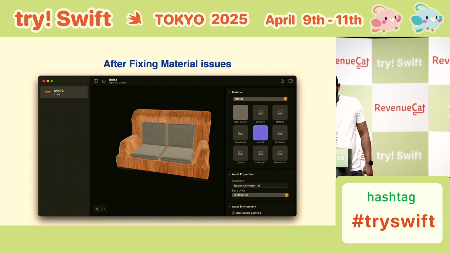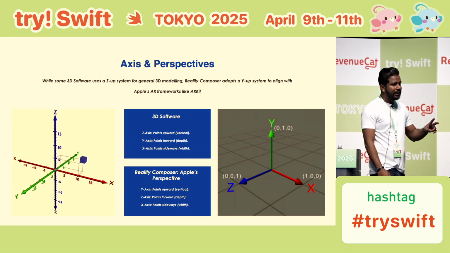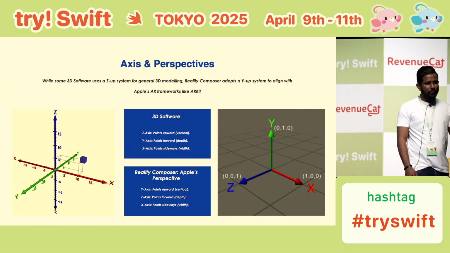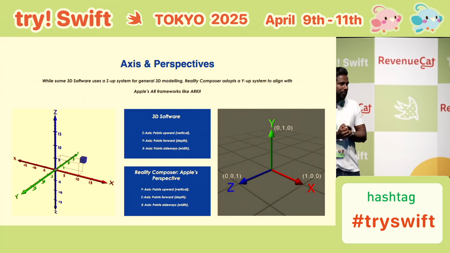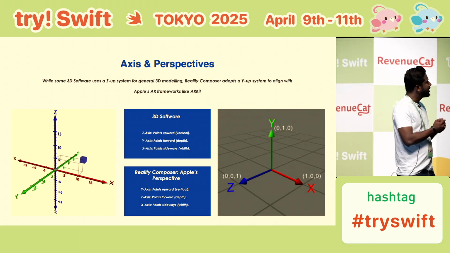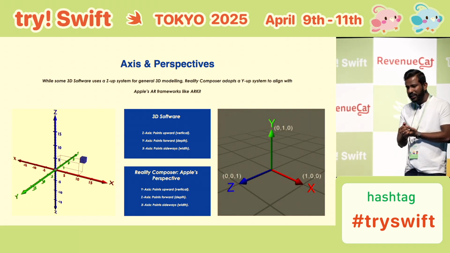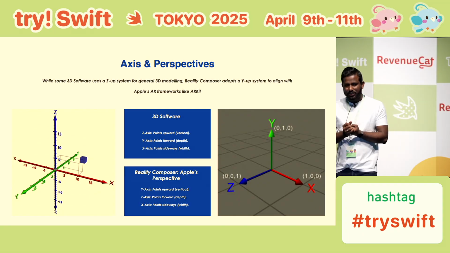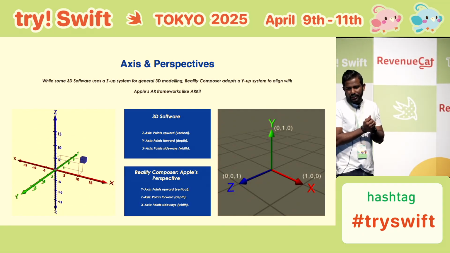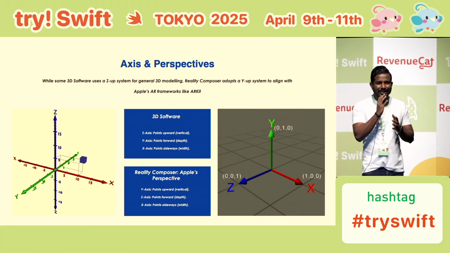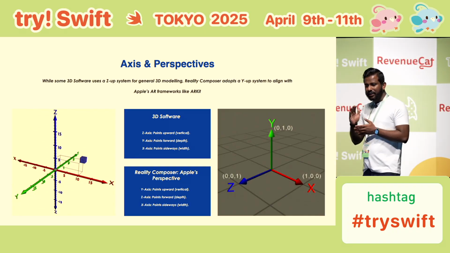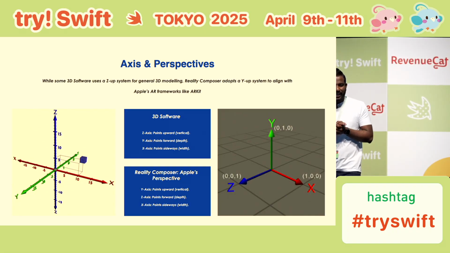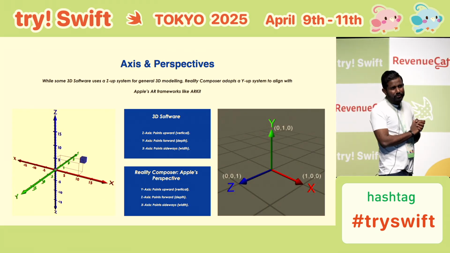And also, there are two key facts you really need to pay attention to. When you are creating something in 3D applications, most of the 3D applications use different perspectives. Especially if you use the general 3D softwares, the Z-axis stays in the vertical axis, and on the Apple side, the Y-axis stays in the vertical side.